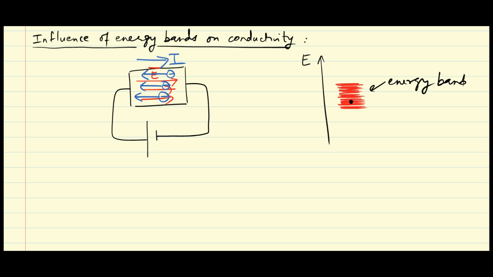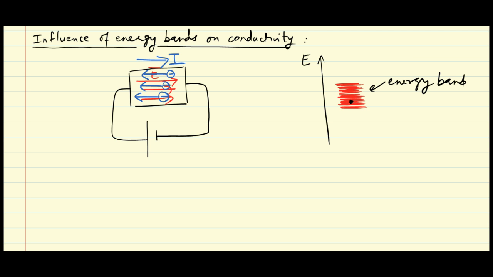On the other hand, now we consider a scenario where there are no vacant energy levels immediately above the energy level of this particular electron. In that case, the electron cannot enter into any immediately higher energy level, and hence it is not allowed to gain energy from the electric field, and so the electron will not contribute towards the current.